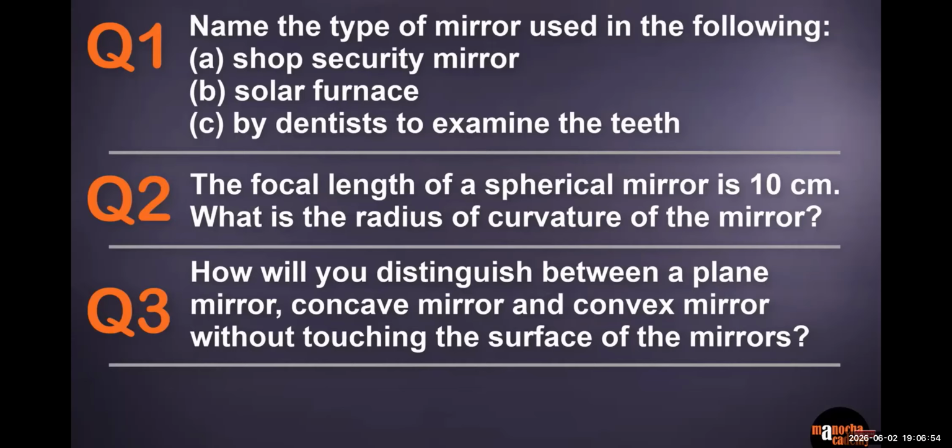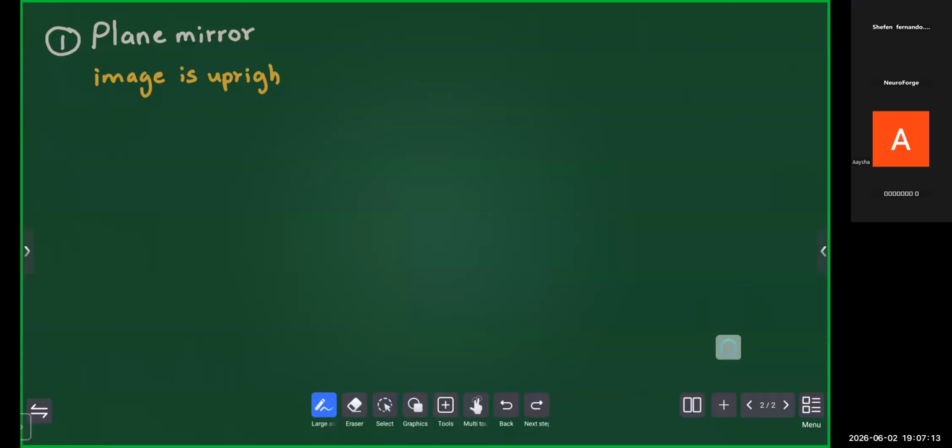If you stand in front of it, the image is upright and the size is the same as the object.